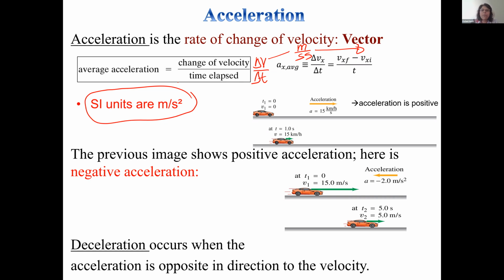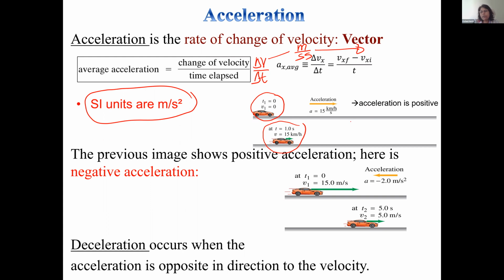Okay. So how do we understand acceleration? Say I have a car, I start at velocity 0 at time 0, right? After 1 second, I have a velocity of 15 kilometers per hour. So now I need to find the acceleration. Your final minus initial velocity divided by the time gives you the acceleration.